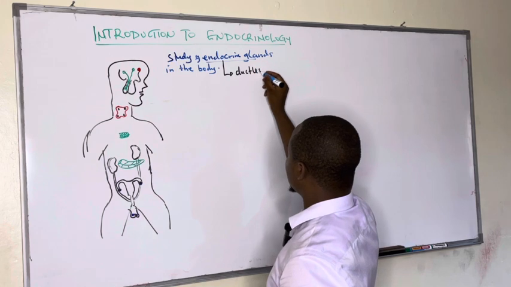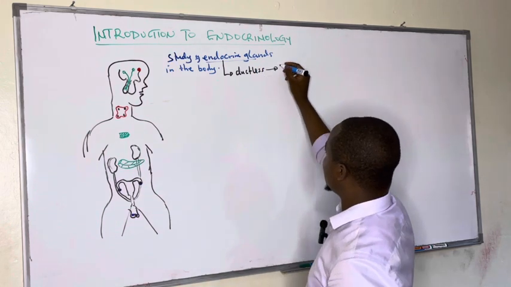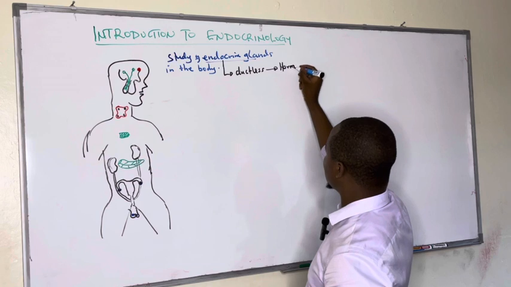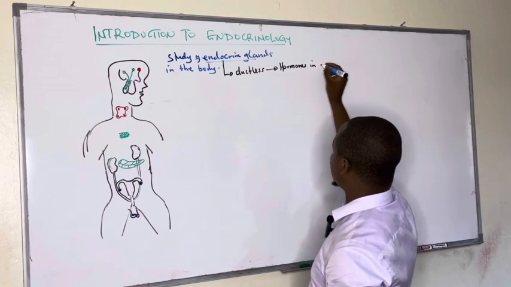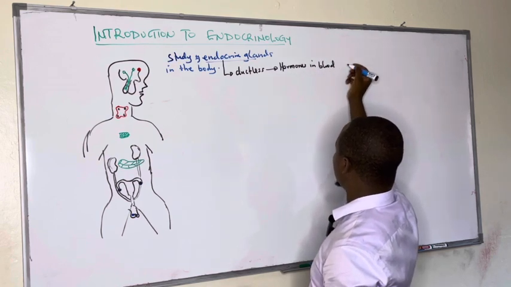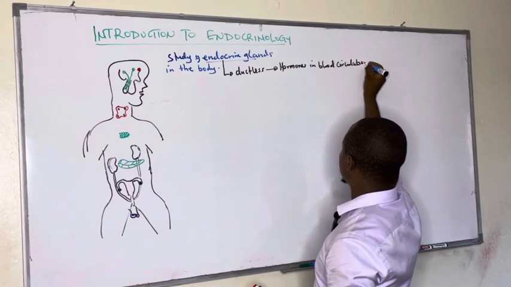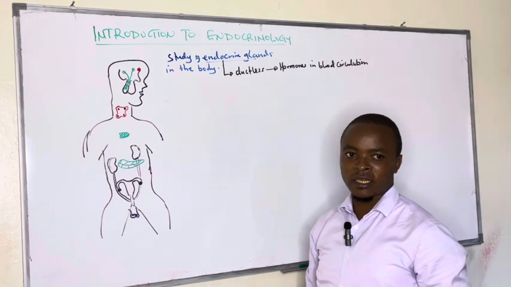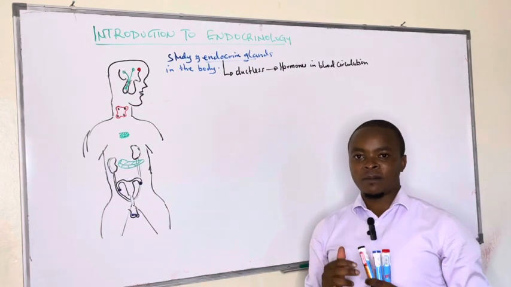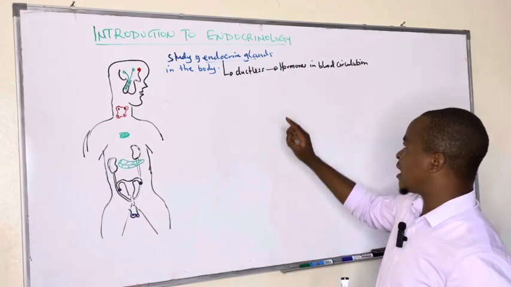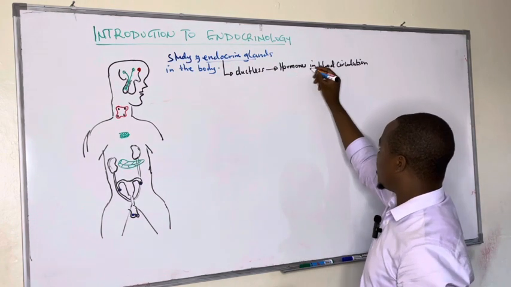They are ductless, meaning they secrete their hormones, their chemical messengers known as hormones, directly into blood circulation. So these are the endocrine glands. Endocrine glands are ductless glands, and they release their chemical messengers, those are hormones, directly into blood circulation.